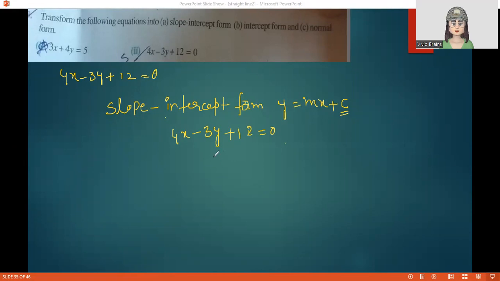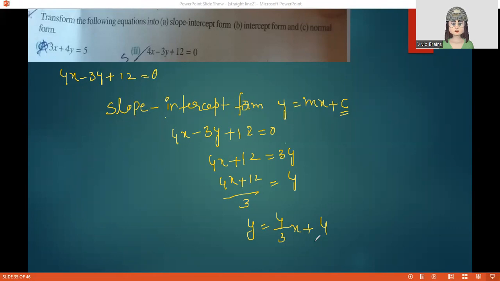Now, 4x plus 12 is equal to 3y and y is equal to, I am sending minus 3y to this side. Okay. (4x plus 12) upon 3. So y is equal to 4 by 3 x plus 4. Okay. Here the coefficient, what is the coefficient?